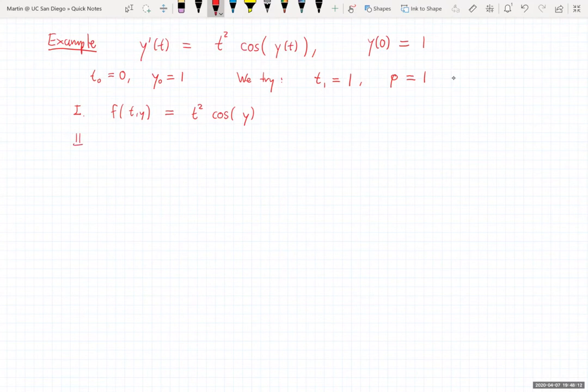And we check, okay, also this function f is defined for, well, all times t between 0 and 1, and for all y from this interval of radius 1 around y naught. So actually, y in this case is taken from 0 to 2.